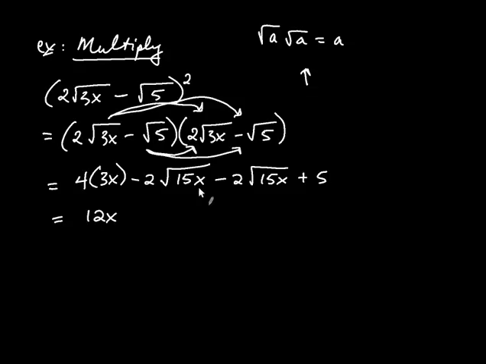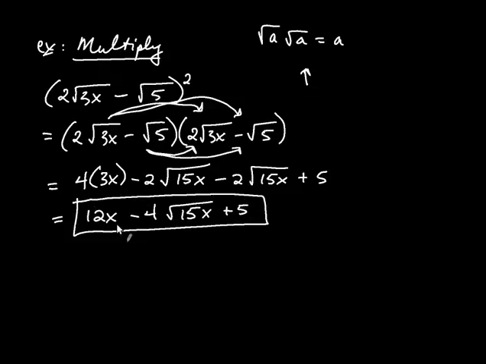Like radicals have the same index, a 2, and also the same radicand, a 15x. So you combine like radicals by adding the coefficients. That is, negative 2 and negative 2 is negative 4. And then you still have the square root of 15x plus 5. At this stage we can't go any further because we don't have any like terms to combine. So this would be our answer.